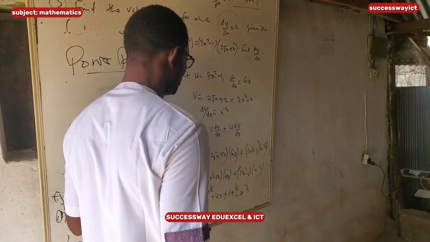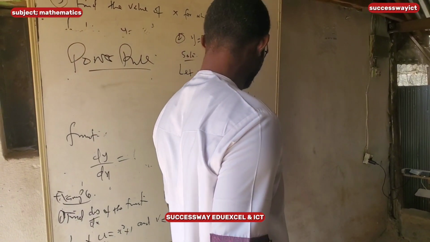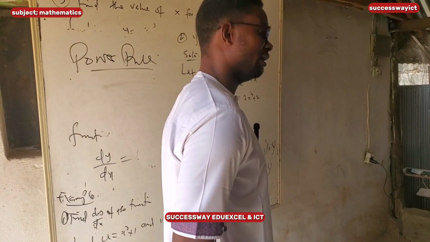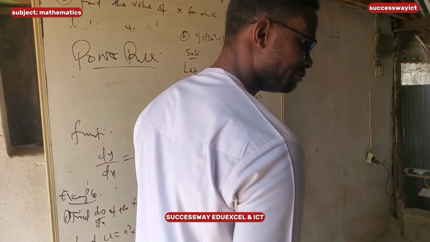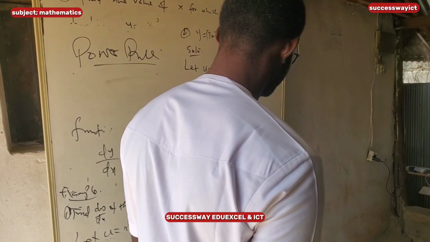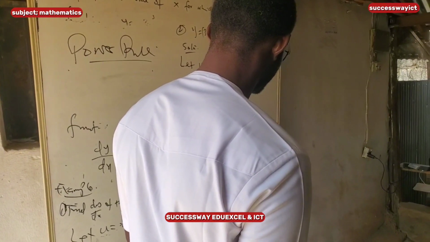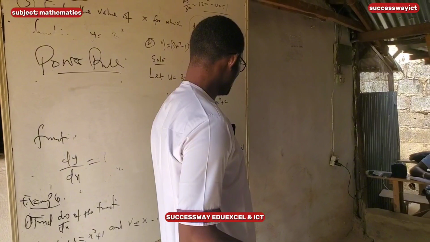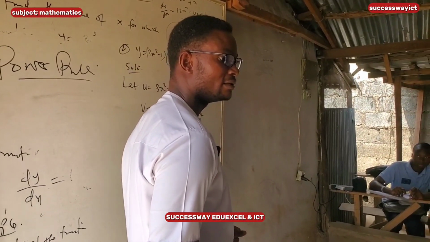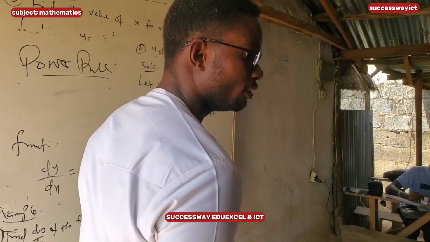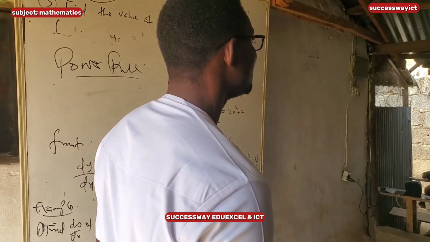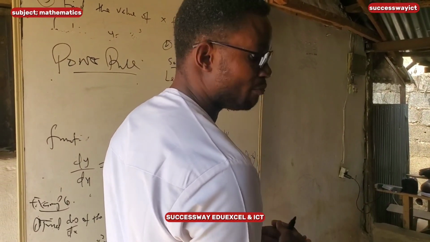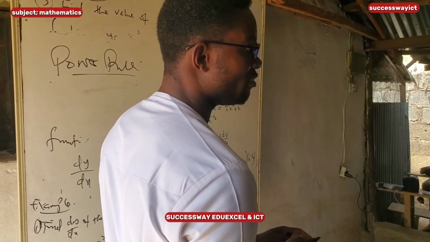This is equal to 12x to power 3 over 2 plus 3x to power 3 over 2. Which one? This one? 2 minus half is 1.5, which is 3 over 2.